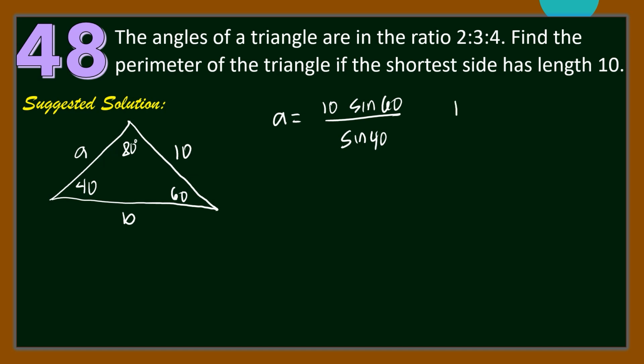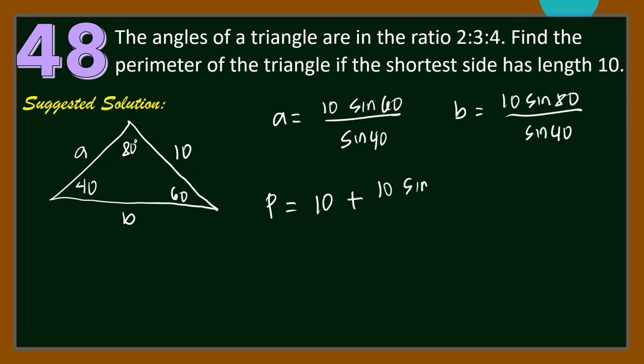Also, we have side B equal to 10 times sine 80 degrees over sine 40 degrees. So we have the perimeter of the triangle as 10 plus 10 sine 60 over sine 40 plus 10 times sine 80 over sine 40.